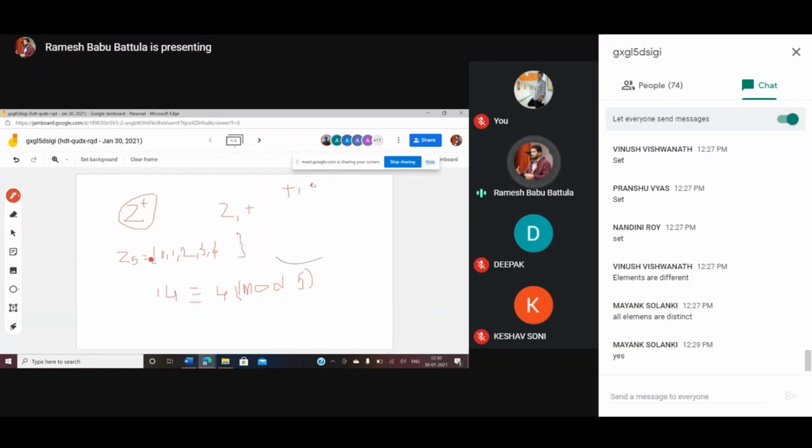That means we can call it a class also. In this particular group, there are multiple classes: a 0 class, a 1 class, 2 class, 3 class, and 4 class. That means all elements of positive integers we can group like a class, with respect to addition only.